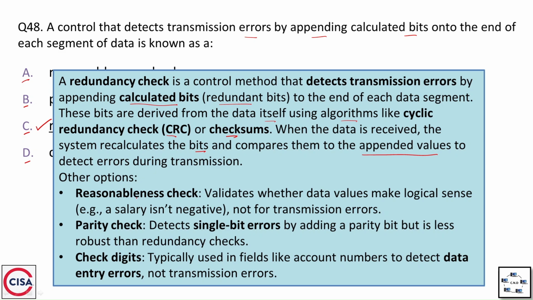Other options: reasonableness check validates whether data values make logical sense, that is, a salary is not negative, not for transmission errors. Parity check detects single bit errors by adding a parity bit but is less robust than redundancy checks. Check digits are typically used in fields like account numbers to detect data entry errors, not transmission errors.